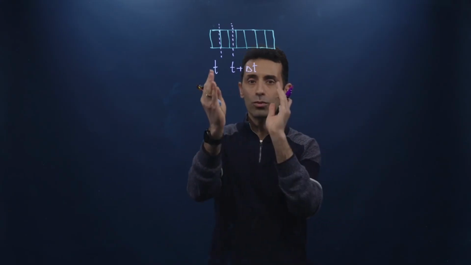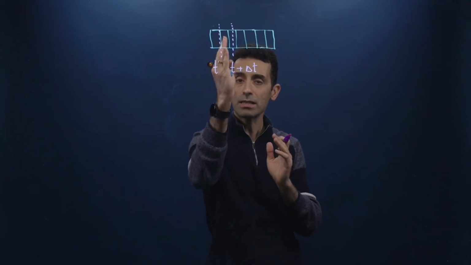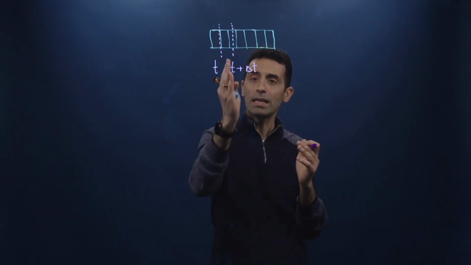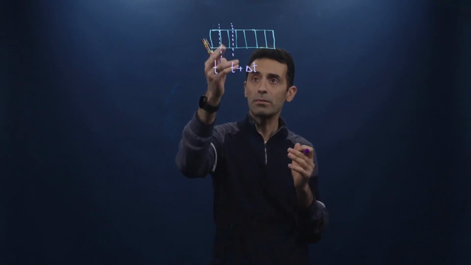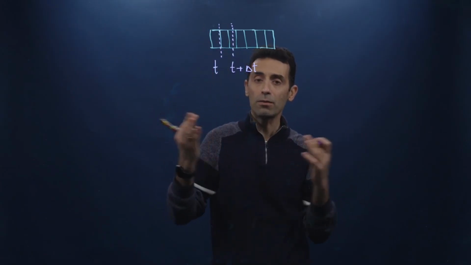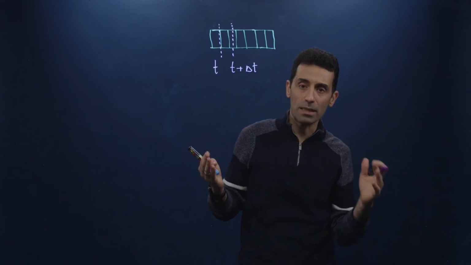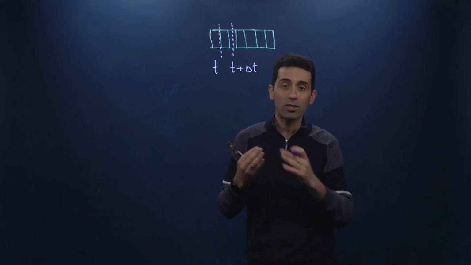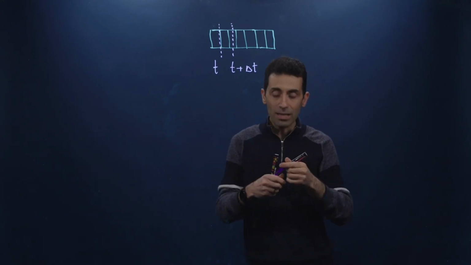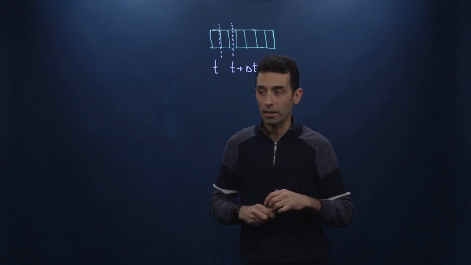If you imagine these are two snapshots in time, at time t this element does not see any wave, and at time t plus delta t this element, this one, does not see any wave either. So time has elapsed and this element has not seen the wave passing through it, and this will cause the solver to fail.